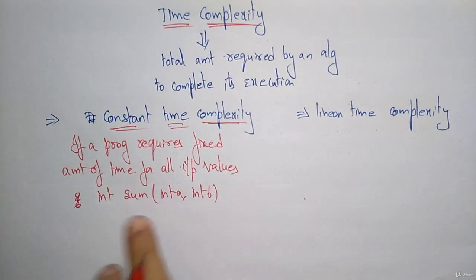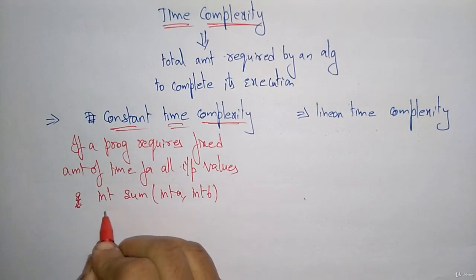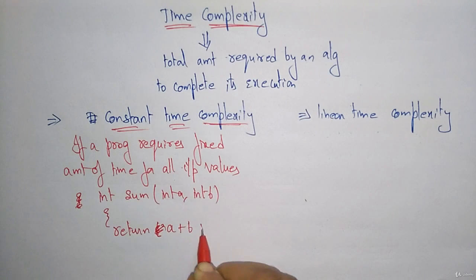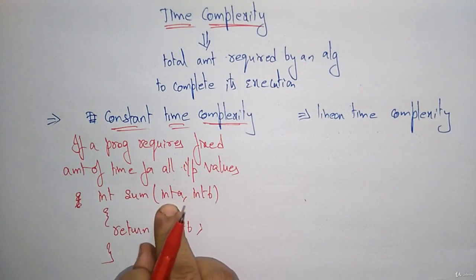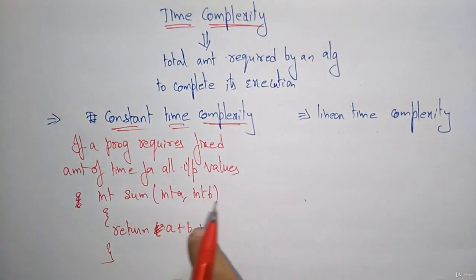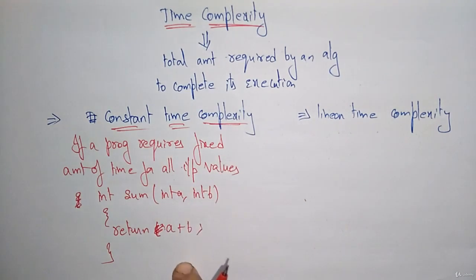Whereas in the time complexity, I'm using the input values a and b, return a plus b. Here these input values are related to integer. So the amount of time will be fixed for these input values, that you call a constant time complexity. If their values are fixed, then it will be constant time complexity.